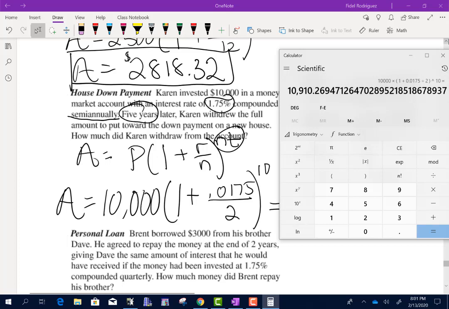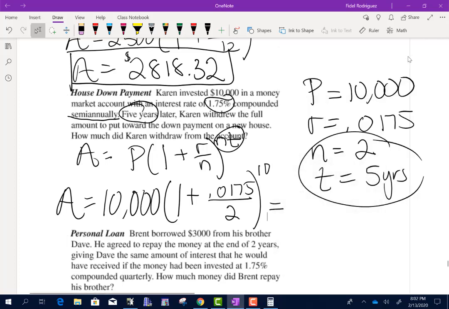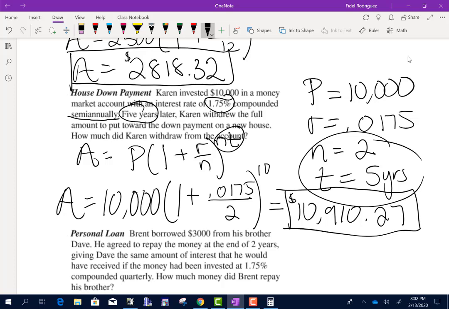And so she withdrew $10,910.27, right? There we go.